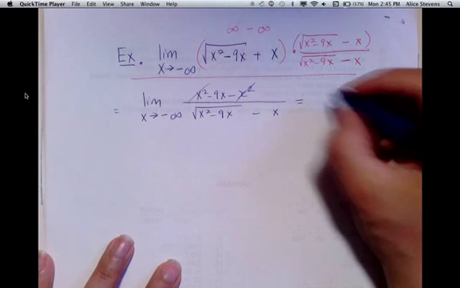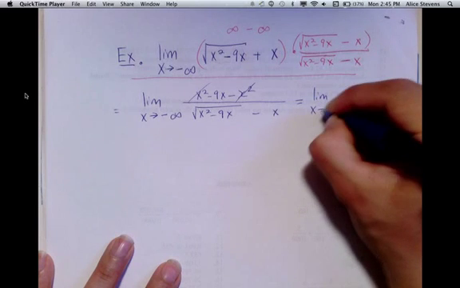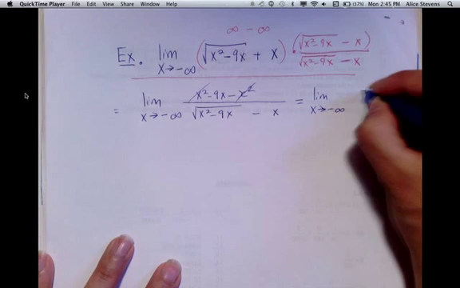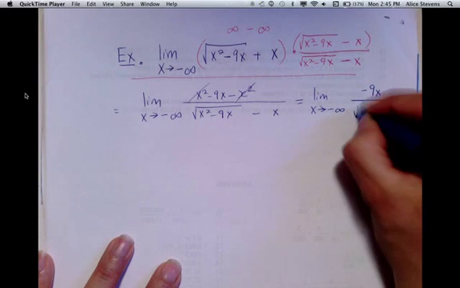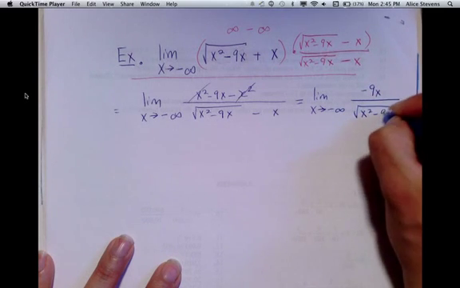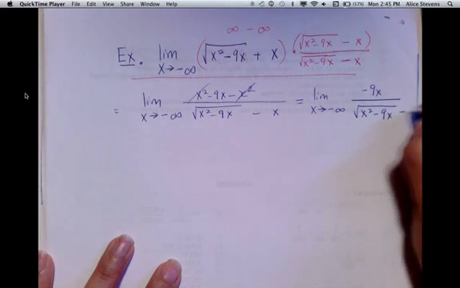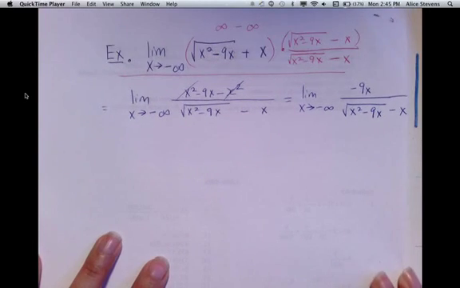And here I have the limit as x approaches negative infinity of 9x over this expression, minus x over here.